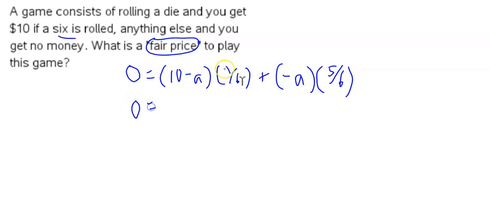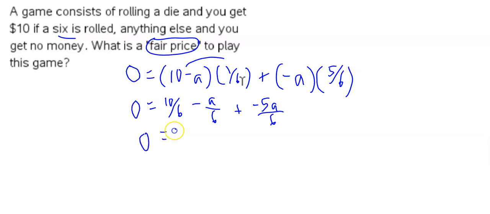So we get 0 equals, let's distribute this, 10 times 1/6 is 10/6, minus A over 6 plus negative 5A over 6. Okay, so we get 0 equals 10/6, minus 1/6 A, minus 5/6 A, so just minus A. So let's add A to both sides.